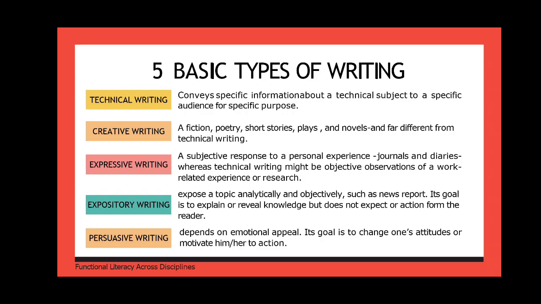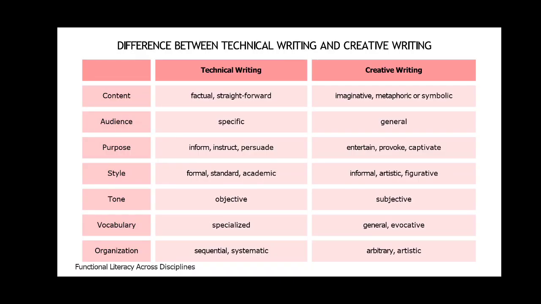Right? So, before we discuss any further about technical writing, let's first discuss the differences between technical writing and creative writing. For this example, we'll only focus on technical writing and creative writing because they are the direct opposites of each other.